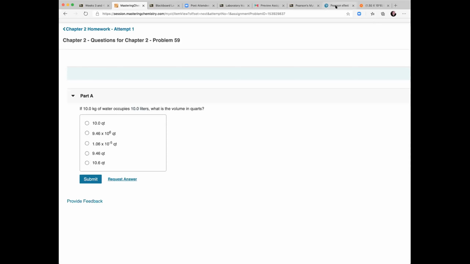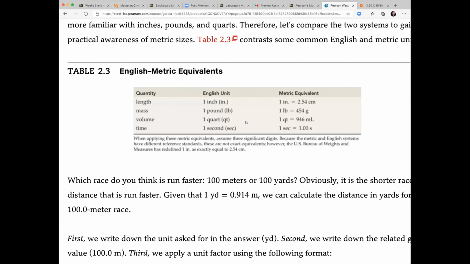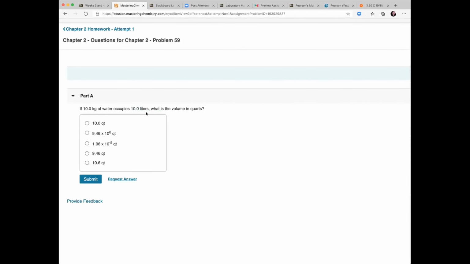Now, if we look over here, we have an equivalent of 1 quart in milliliters. And the problem talks about liters. So we have already an issue.